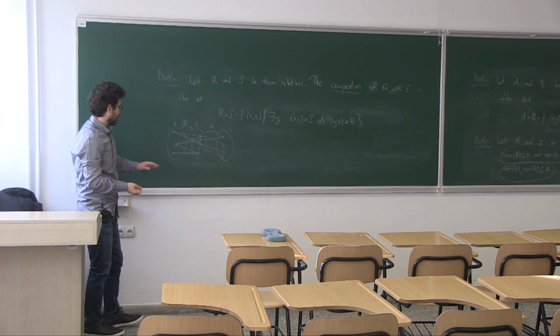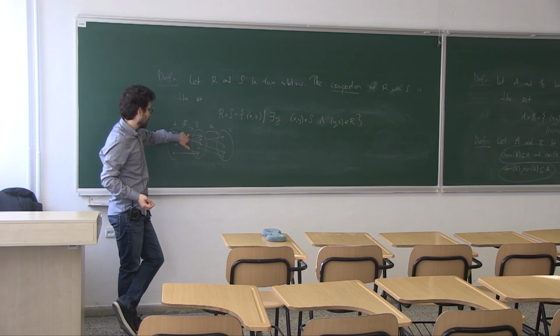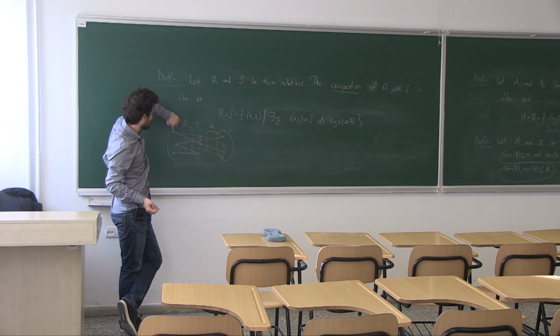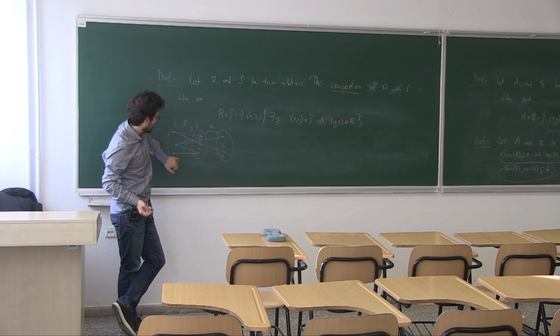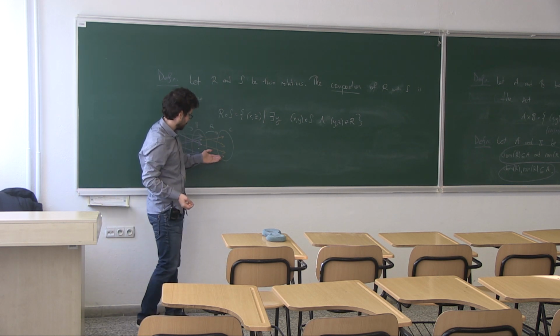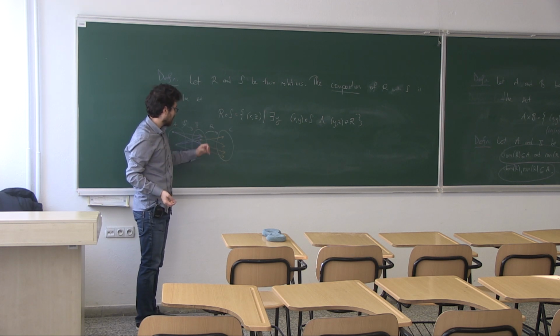Okay, so think of these purple arrows as a relation from A to B. This object is related to these two, this object is related to these three, and this object is related to that object. And the orange arrows represent another relation.